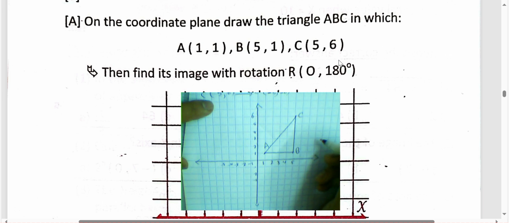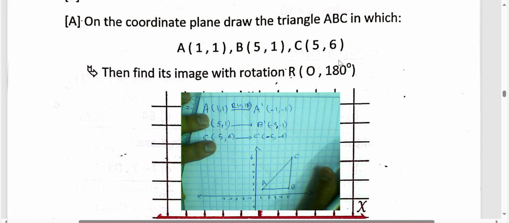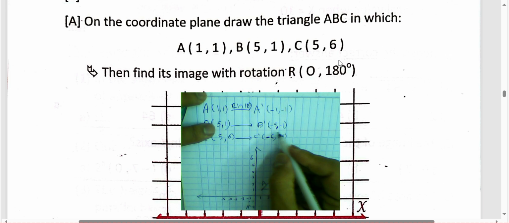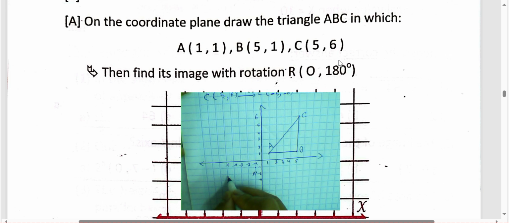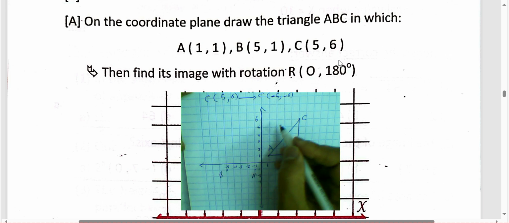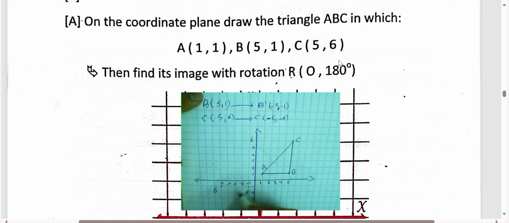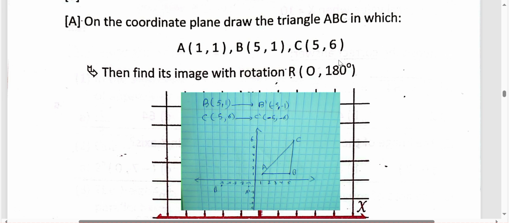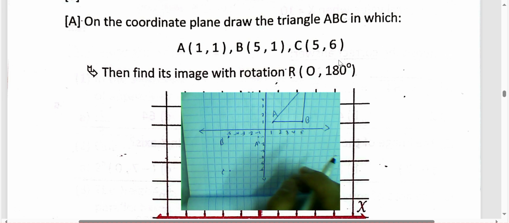And the rotation: A dash is (-1, -1), B dash is (-5, -1), C dash is (-5, -6).